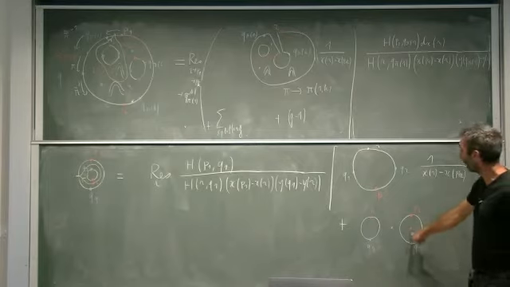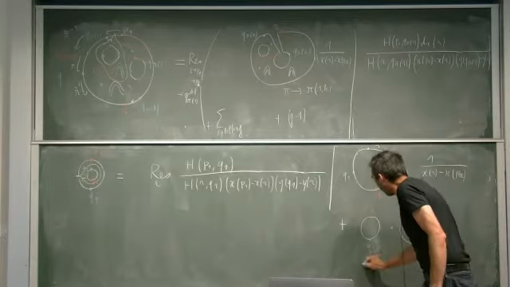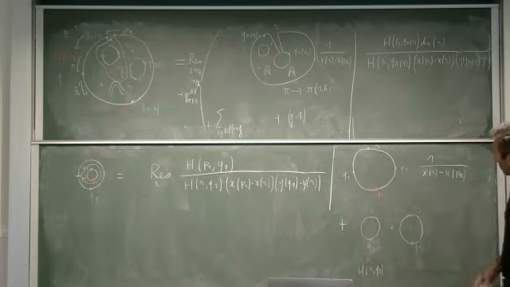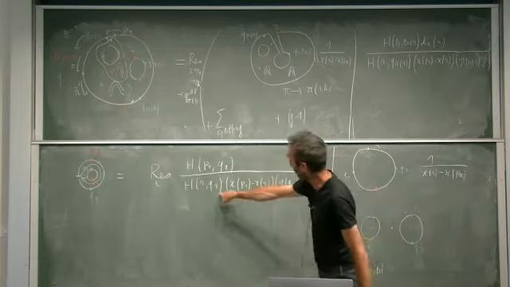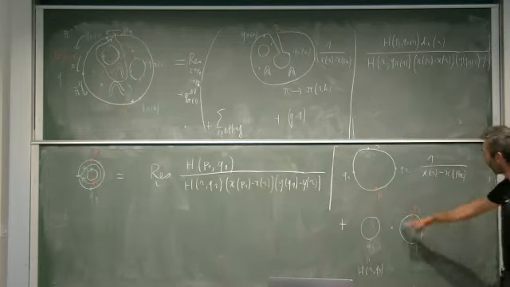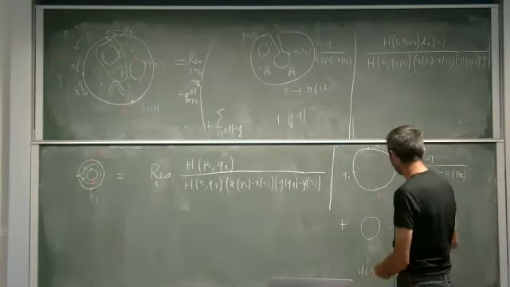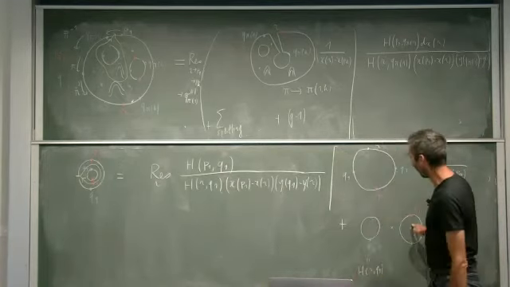This one is simply h of R Q1. By the way, it will cancel the denominator here. This one we have not computed yet, and the other one we have computed before. So let's compute that guy now.